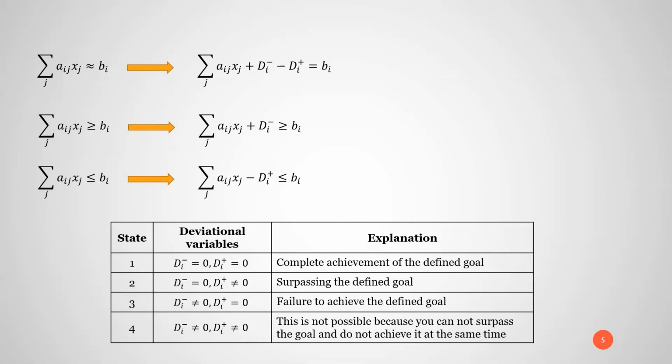And if both of them have some value except 0, and because they are greater than or equal to 0, they are more than 0, this situation cannot happen. It is not a possibility. We can't have both surpassing the goal and not achieving it at the same time.